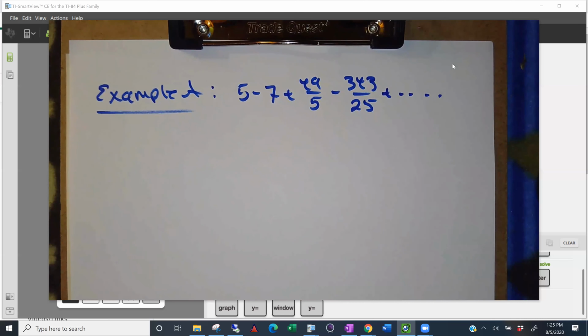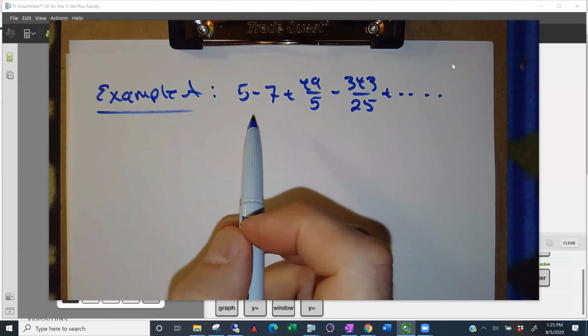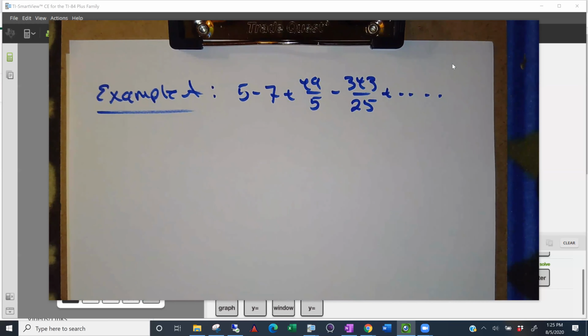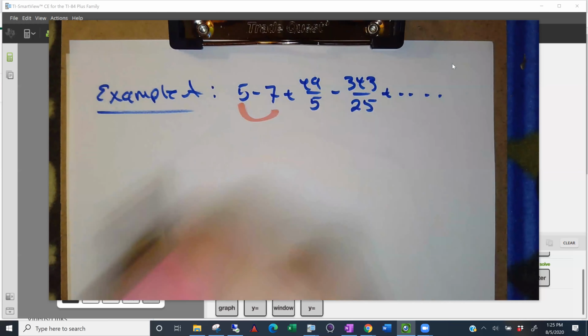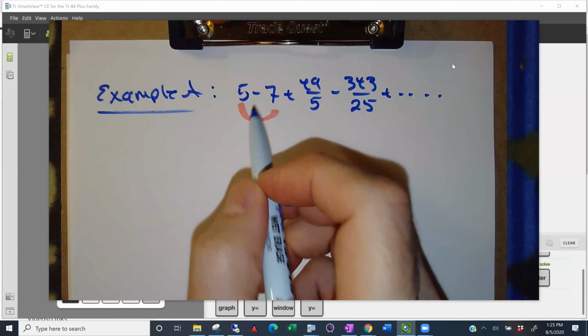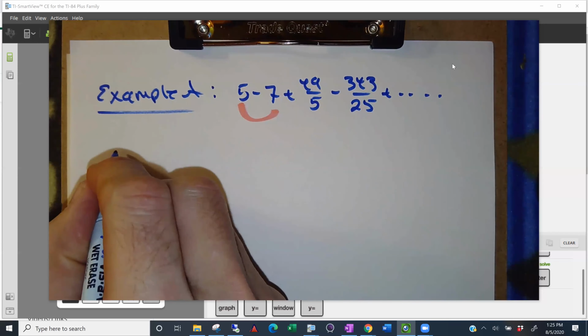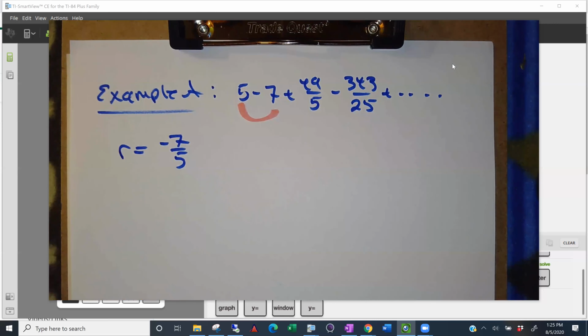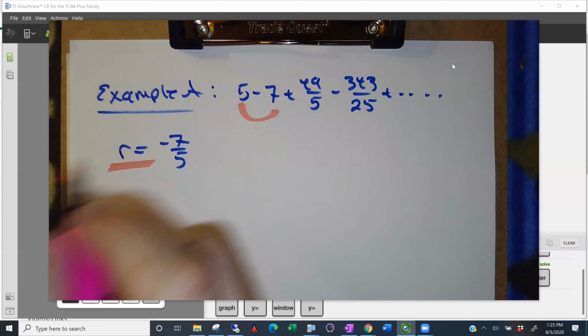So the first thing to try and figure out is, is this a geometric series? Well, it's not terribly clear. But what you can do is calculate r for various combinations. So I can look at the ratio of these two right here and get r is -7/5. So that's for those two.